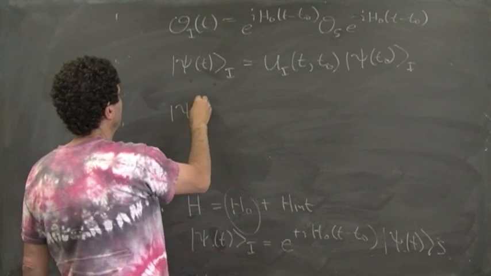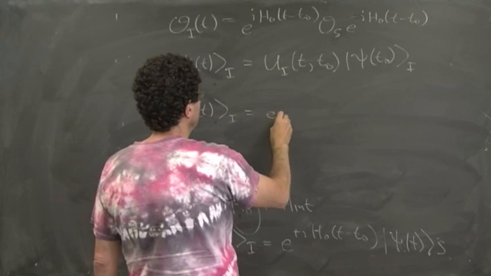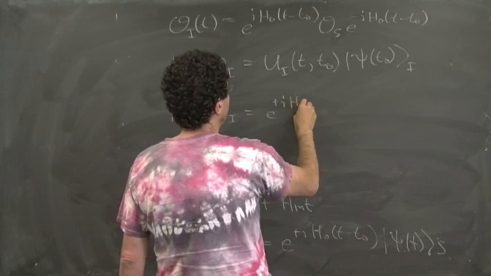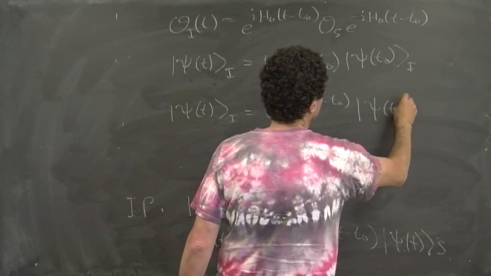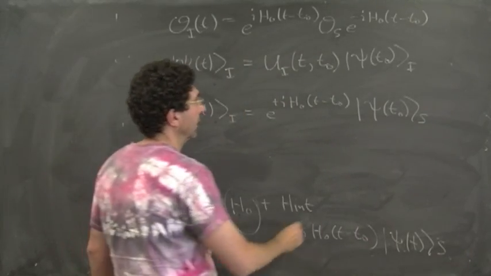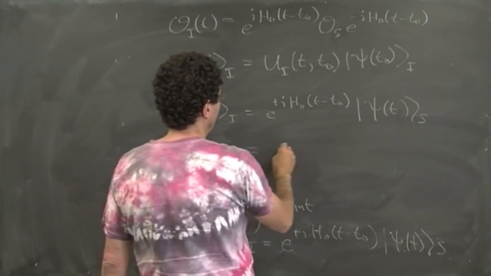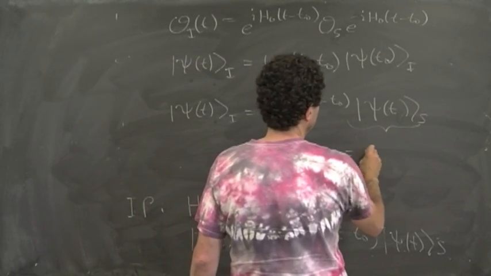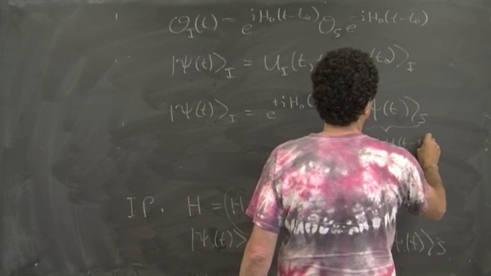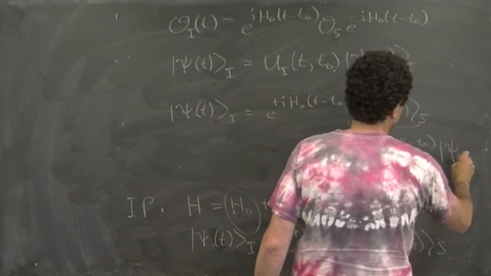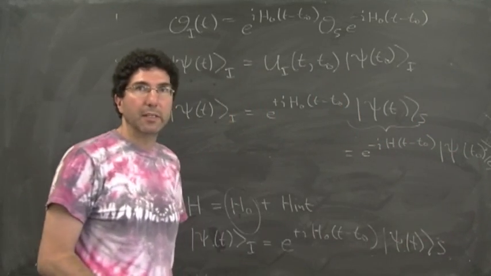It's got to be unitary, and it is, because if you look at the formulas that I had before, this thing right here is e to the plus i H naught (t minus t naught) of the Schrodinger picture state at time t. That was just the definition. But now this thing right here is e to the minus i H, the total H, (t minus t naught) times the Schrodinger picture state at t0.